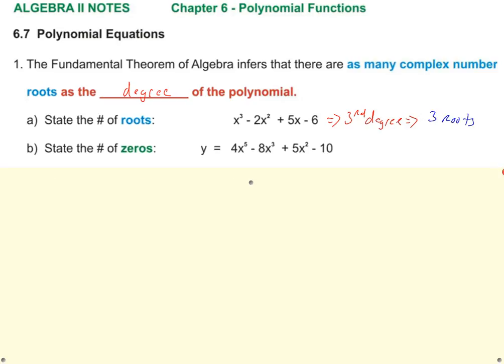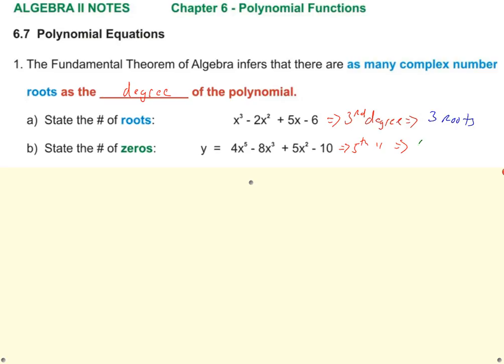Okay, so how about the number of zeros? In the second example, we have a function, because we have a y and we have an x, two variables. We can all see it's fifth degree. And here's the reality. With zeros, there's not a definite 5 of them.